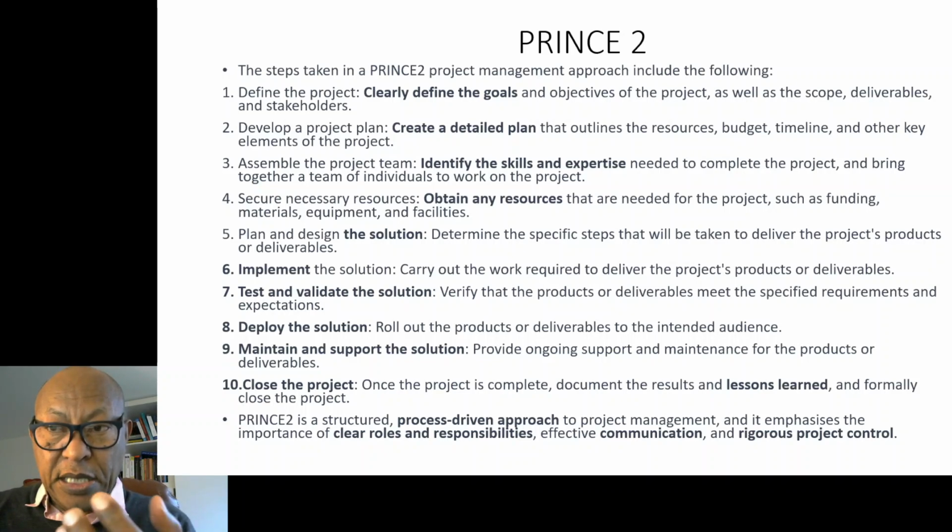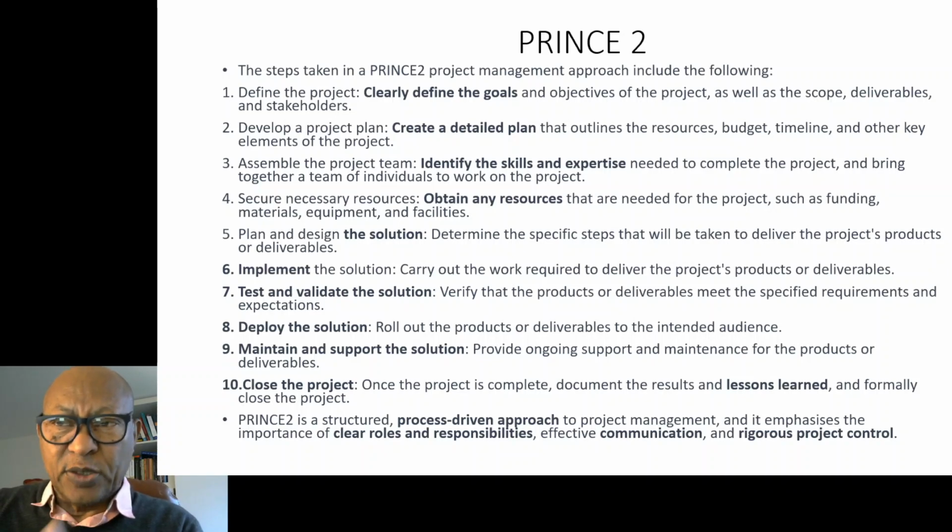And then with the planning and the resources, what we're going to do is start producing the product or the services. So we have the product now, we have the services ready to be implemented.